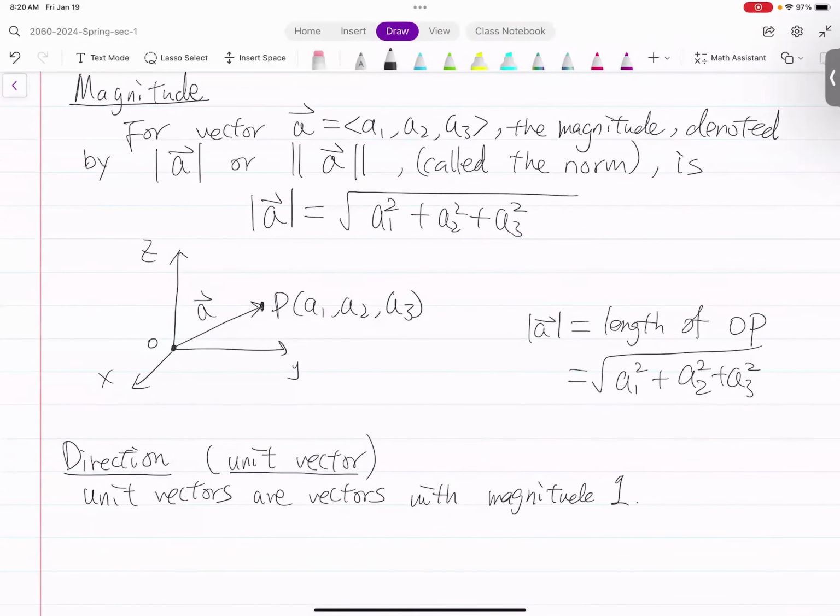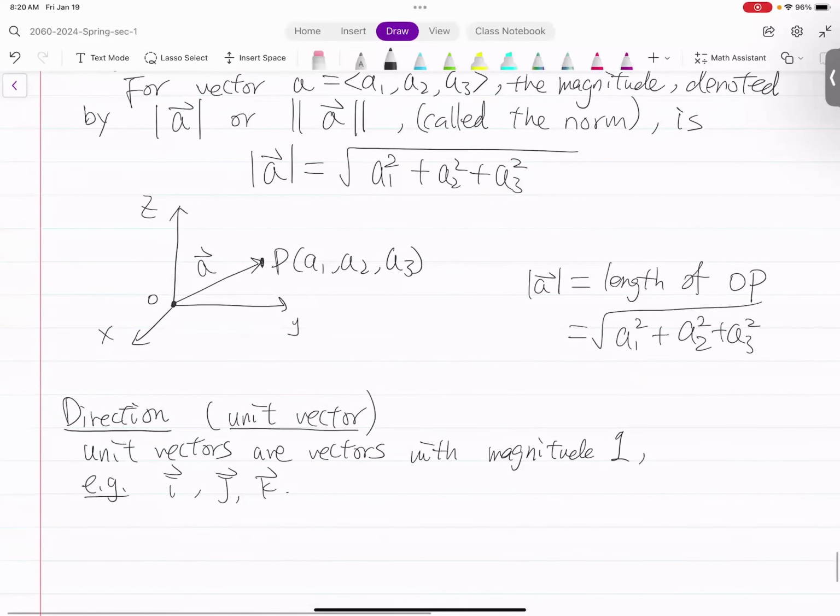For example, the standard basis, they all have magnitude 1, right? i, j, and k, they are unit vectors, right? So whatever vector has a magnitude of 1, that's going to be a unit vector.